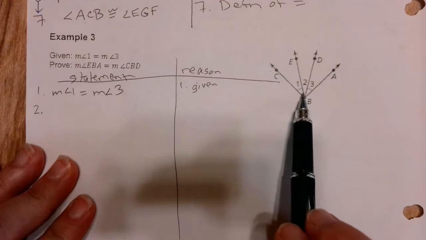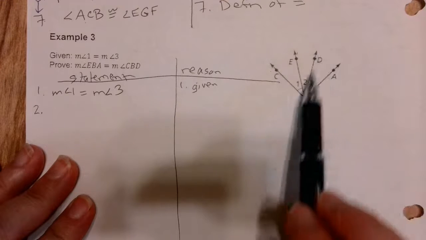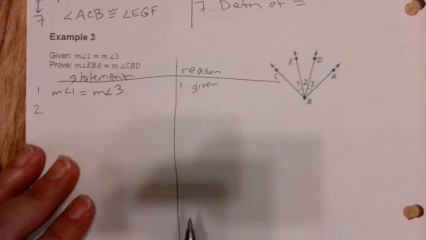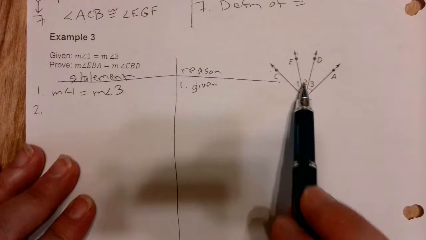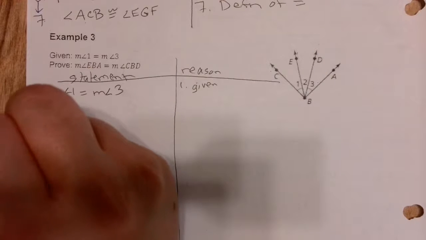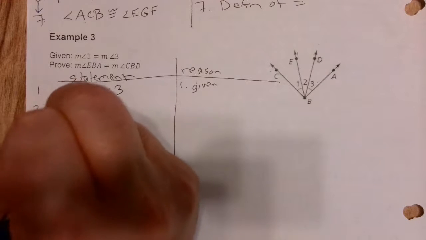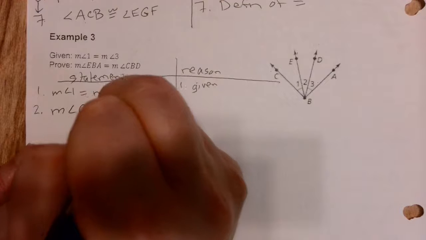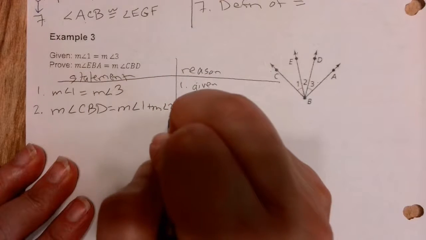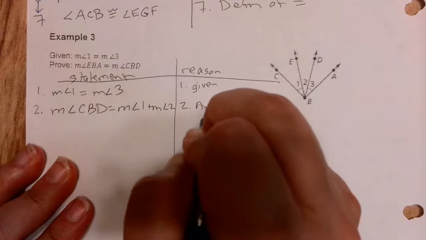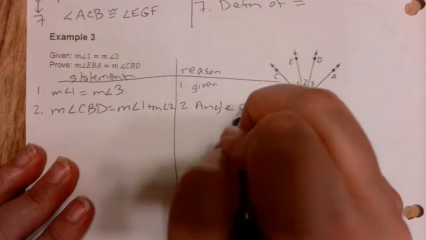The measure of angle CBD is equal to the measure of angle 1 plus the measure of angle 2. And that's the angle addition postulate.